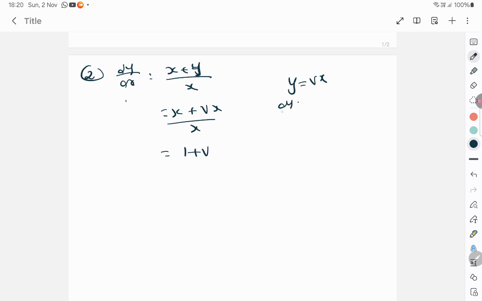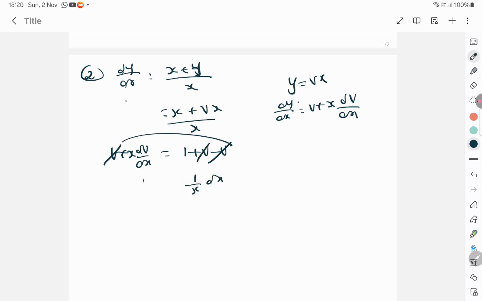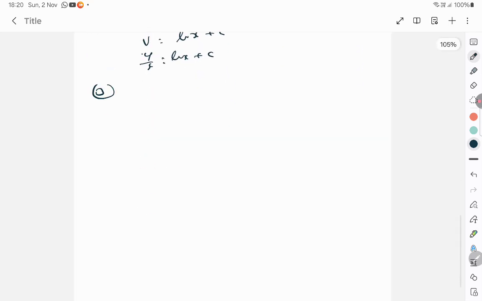Instead of dy/dx, you know it's v + x dv/dx. Substituting here and taking the v to the other side and cancelling, it becomes (1/x) dx equals the integration of dv. So this will be v, and this will be log x + c. What is v? v itself is y/x, so y/x = log x + c. That's the answer.